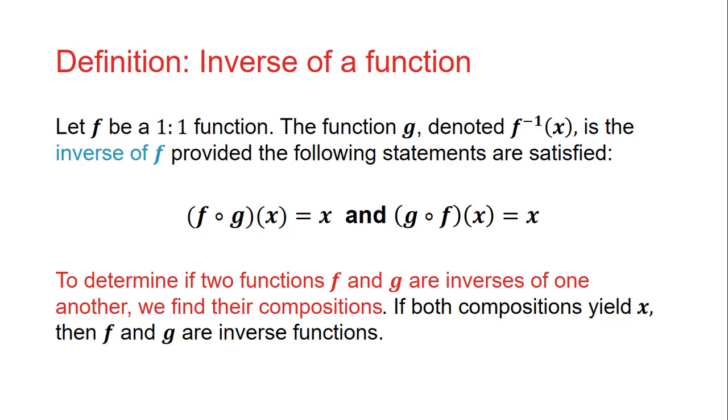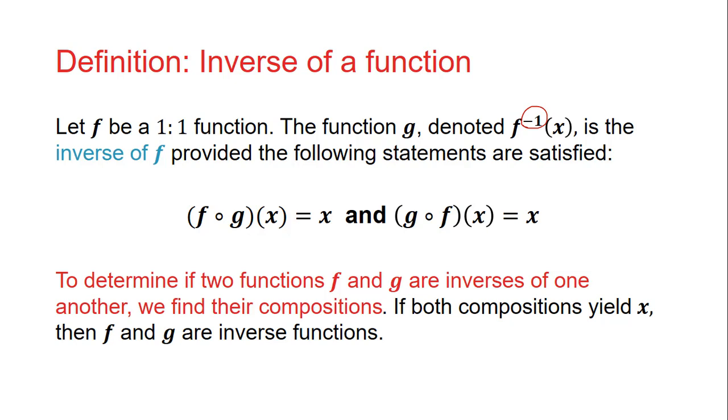So here's a mathematical definition of an inverse function. Let f be a one-to-one function. The function g, denoted f inverse of x, and the inverse is denoted with this superscript of -1, is the inverse of f provided the following statements are satisfied.